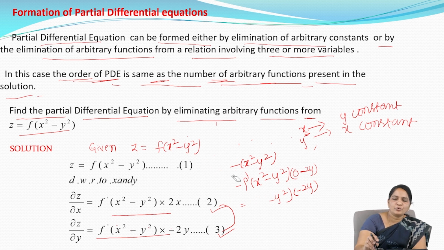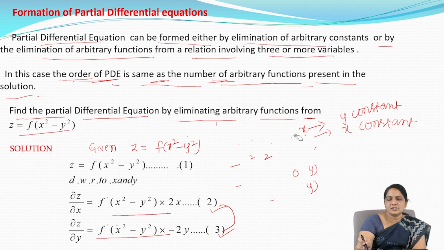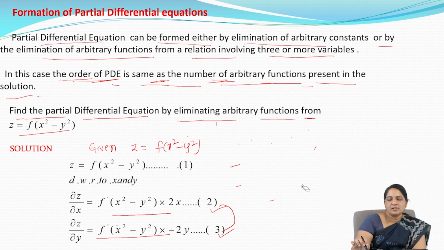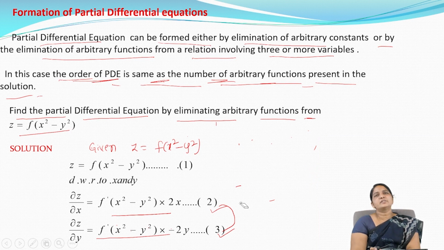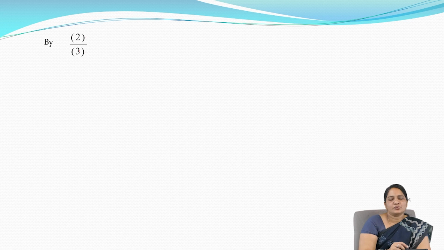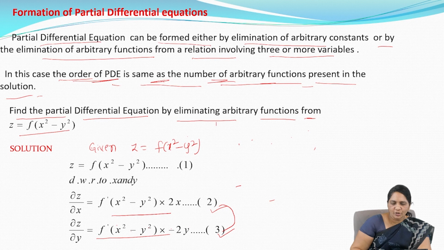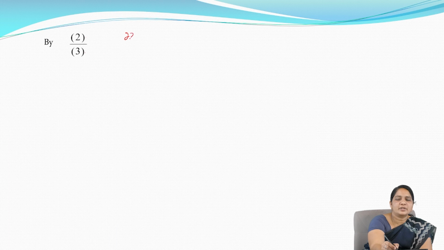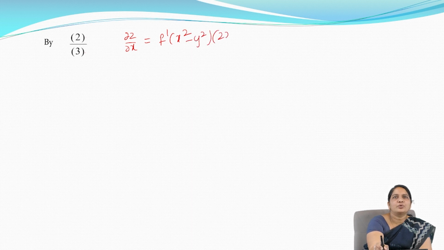To eliminate the arbitrary function from these two equations, I am taking equation 2 divided by equation 3. The second equation is dou z by dou x equal to f dash of x square minus y square into 2x.